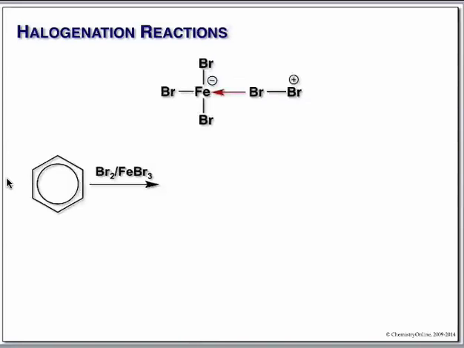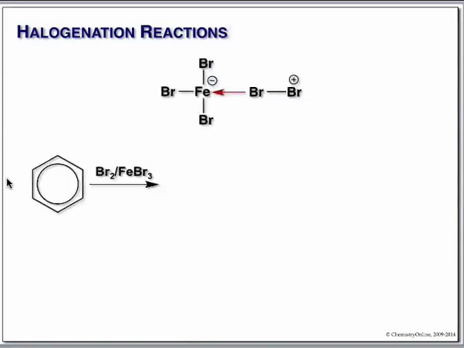When we add bromine, halogen in general, we use conditions where we have bromine or chlorine, whatever, in the presence of a Lewis acid. A very common Lewis acid would be something like iron 3 bromide. So bromine, in presence of iron 3 bromide, we form a bromonium ion-like species.